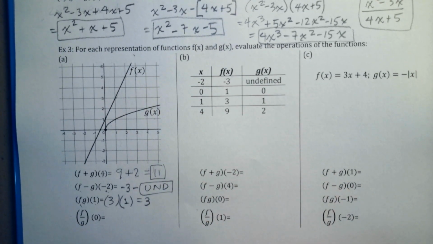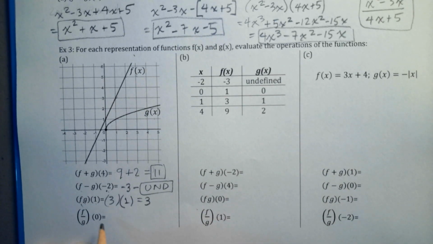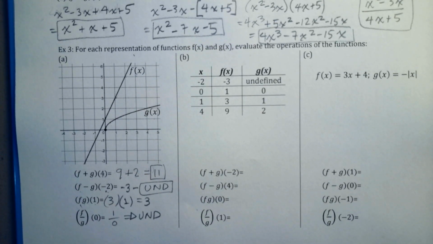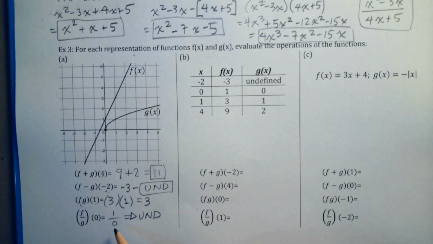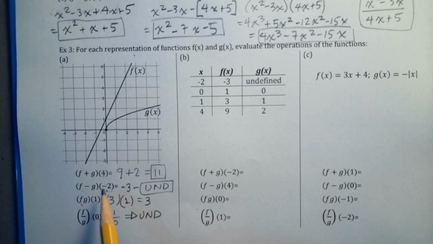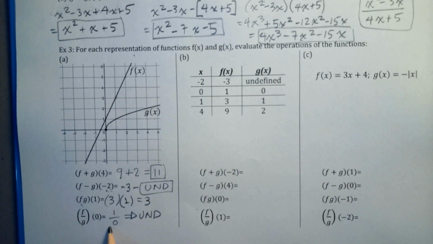And then the quotient, I think you're going to see f of 0, that's 1. g of 0 is 0. This is clearly also undefined for a slightly different reason. g of x is defined at 0, but the ratio is undefined as a result. In the earlier one, g of -2 is undefined. We don't have that as part of our domain, but here we get a denominator of 0, which makes the problem undefined.